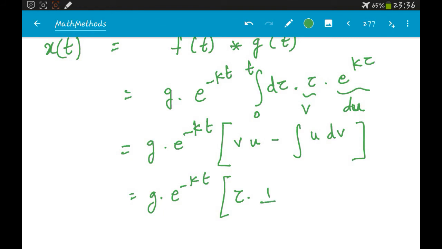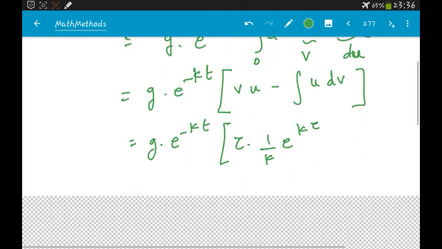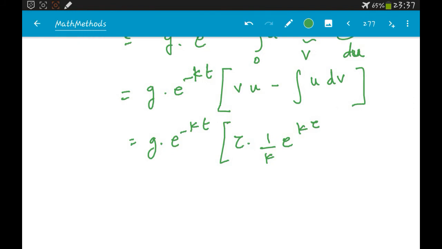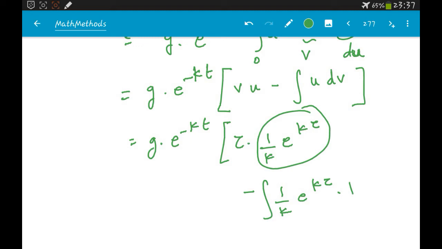So this will be 1 by k e power k tau, okay, minus u dv. So what is u? U is again this, and dv is differentiation of tau with respect to tau. It will give you 1. Okay, this goes from 0 to t.